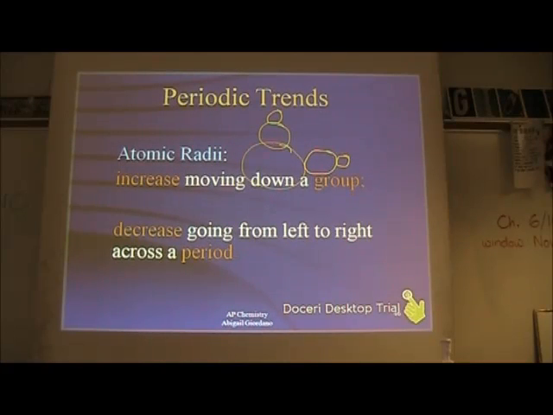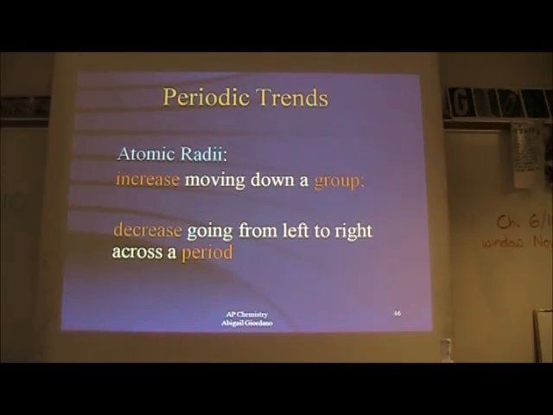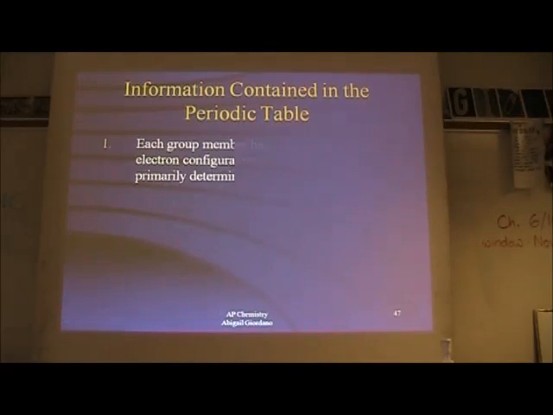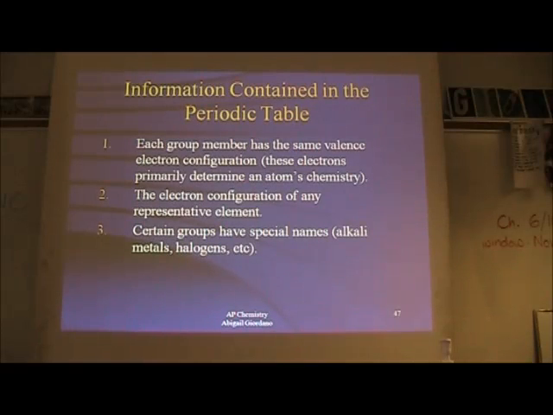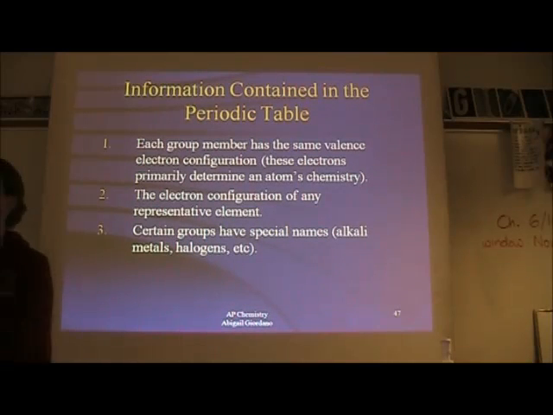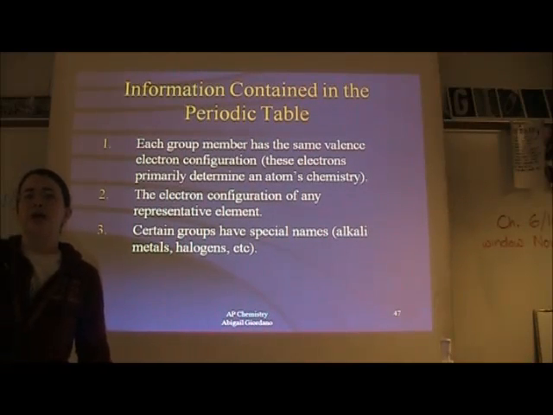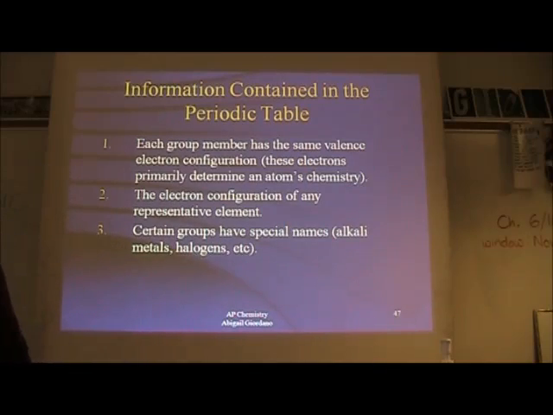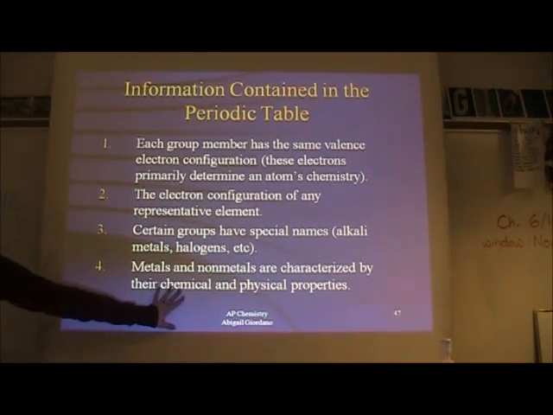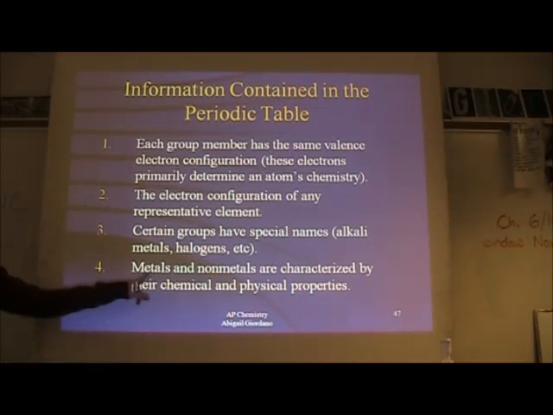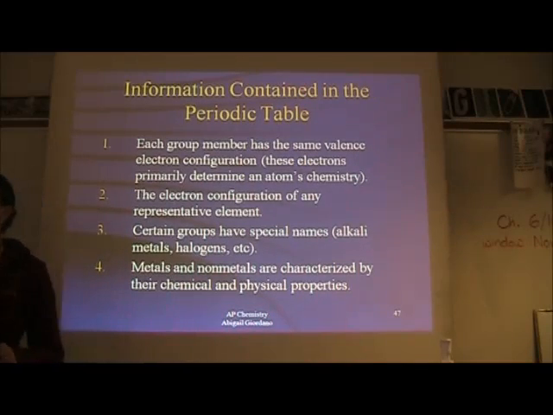And this just has some general stuff which we've already talked about. Make sure you are comfortable with all of your family names, alkali metals, alkaline earth metals. Can you all very quickly give me some general characteristics of metals?